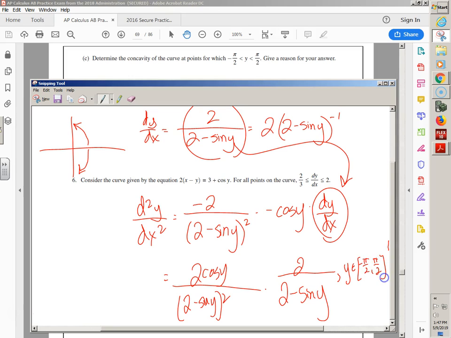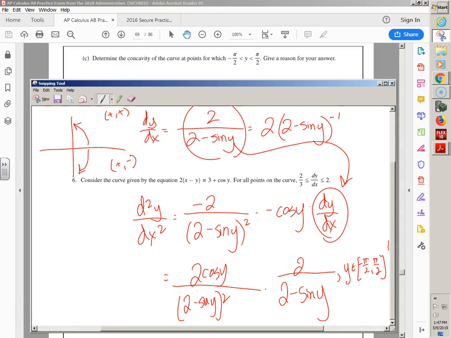If I look at my trig functions, in one quadrant everybody is positive, and in the other, cosine's positive, but sine's negative. So cosine's a positive. Okay, positive, positive, positive. Sine's a negative, but it's squared, so it's positive anyway. And 2 minus a negative sine is a positive.